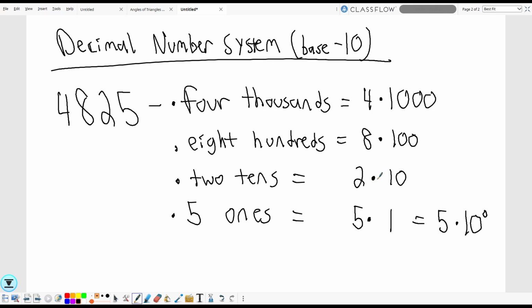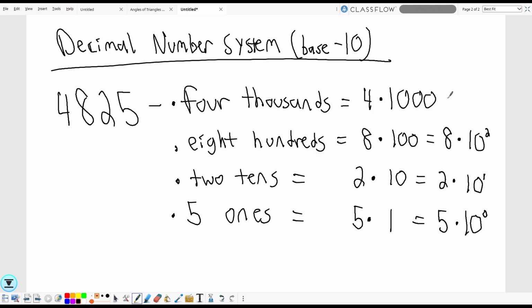And then for the 2 times 10, we can write that out as 2 times 10 to the 1st power, because anything to the 1st power is just the number itself. So 10 to the 1st power is just 10. And then 8 times 100, we can write as 8 times 10 to the 2nd power.